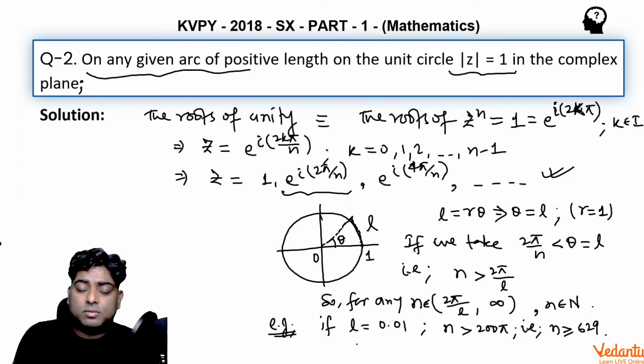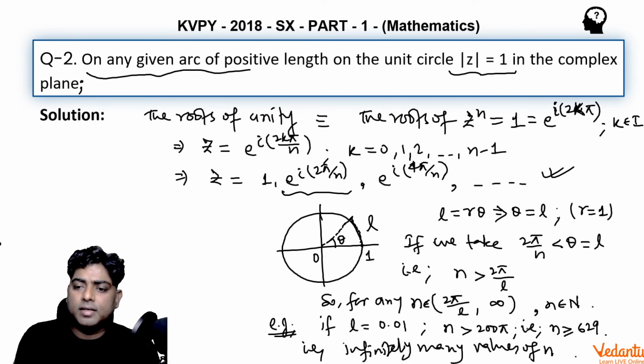So the answer to this question must be that there are infinitely many values of n possible, so correspondingly infinitely many roots of unity will fall on the arc. For n equal to 629, the root of unity will fall on this arc taken.